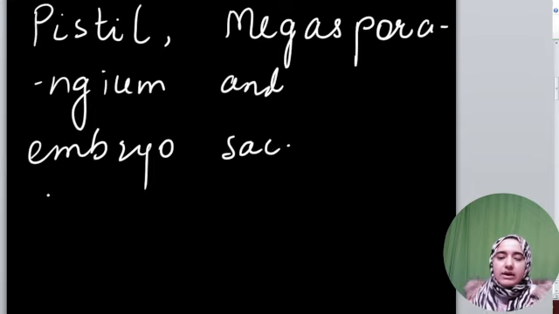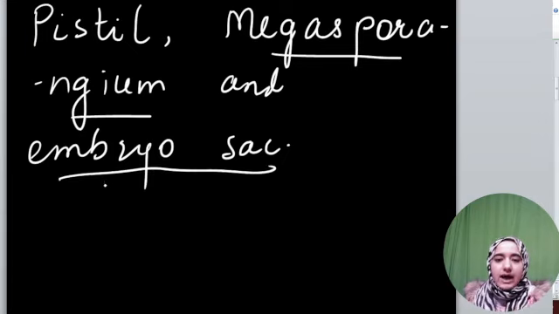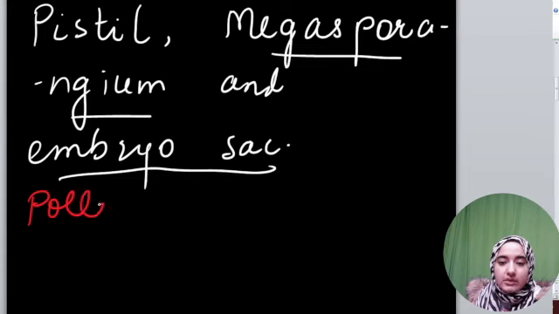Here in female reproductive structure we have pistil, but in male reproductive structure we had stamen. Here we have megasporangium, there we had microsporangium. Here we have embryo sac, there we had pollen grain. That means, as I already mentioned, pollen grain is not a male gamete.